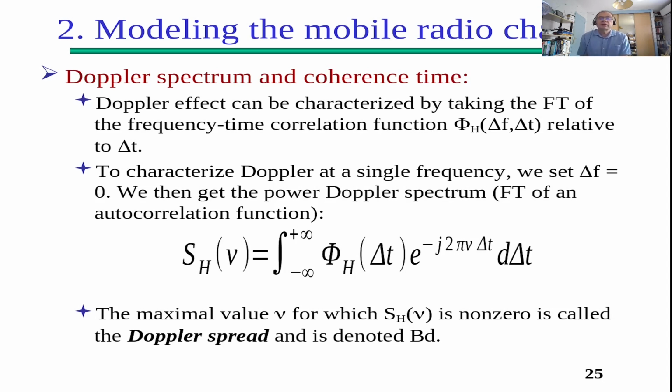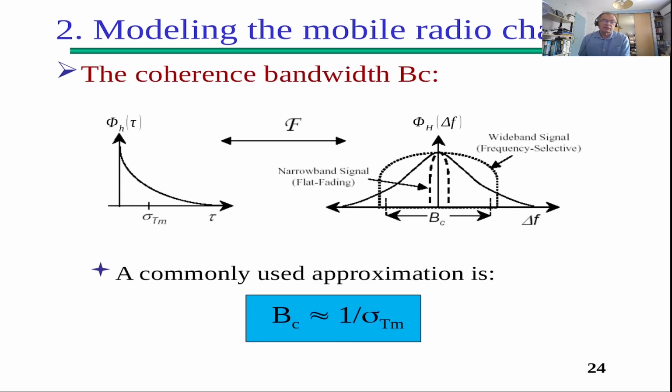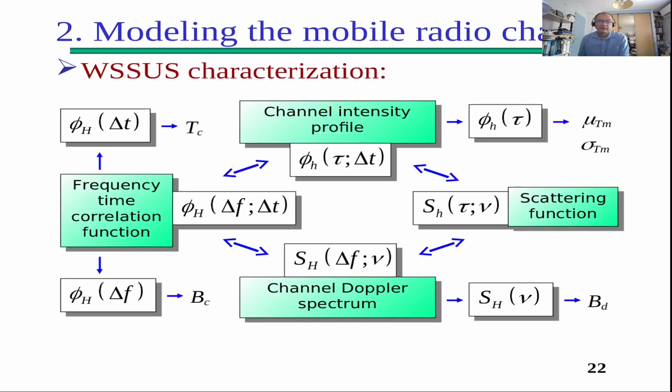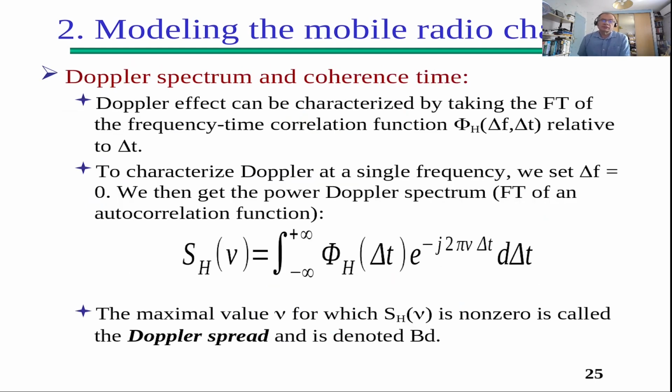Concerning the Doppler spectrum and the coherence time, again, if you look at the different functions we had before on slide 22, if you take the Fourier transform of the frequency time correlation function relative to t, and you want to characterize the Doppler frequency at a single frequency, you just set delta f to 0, you can get the power Doppler spectrum, which is simply a Fourier transform of an autocorrelation function.